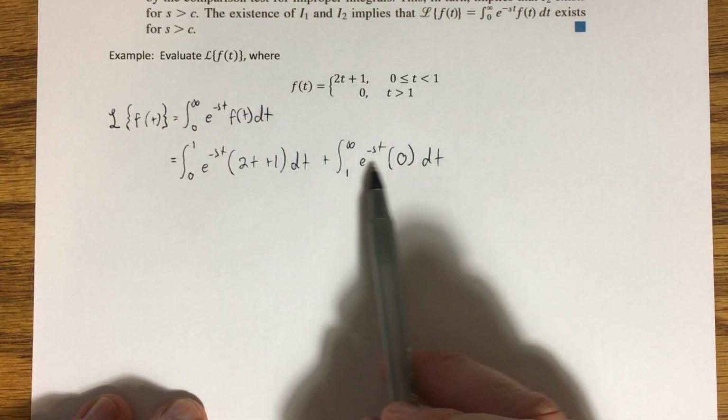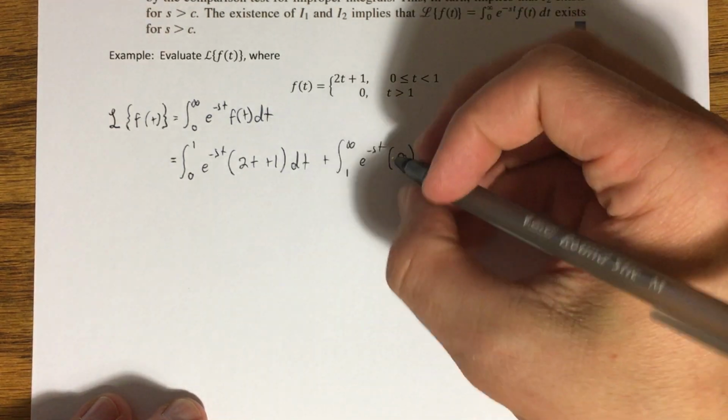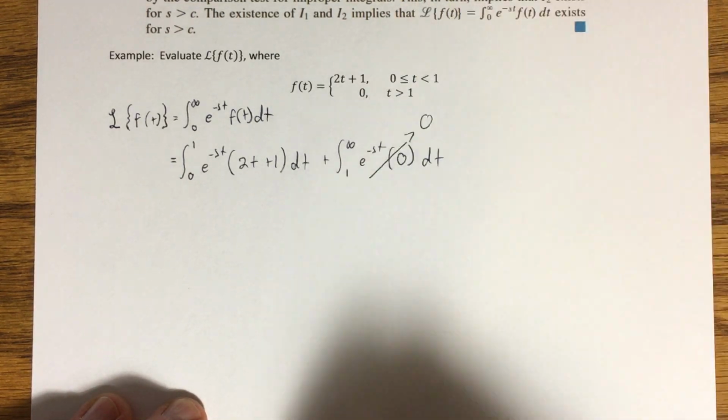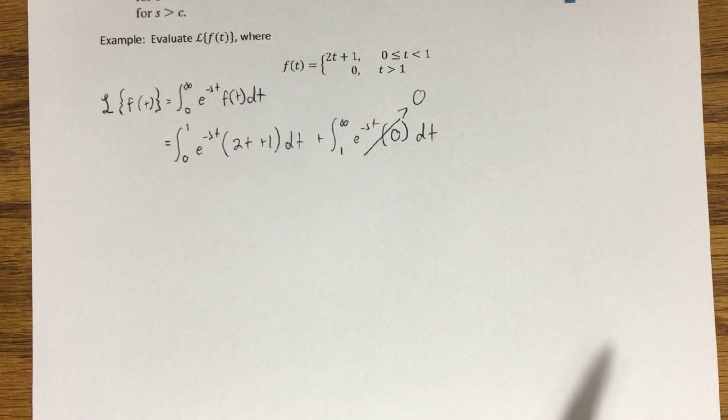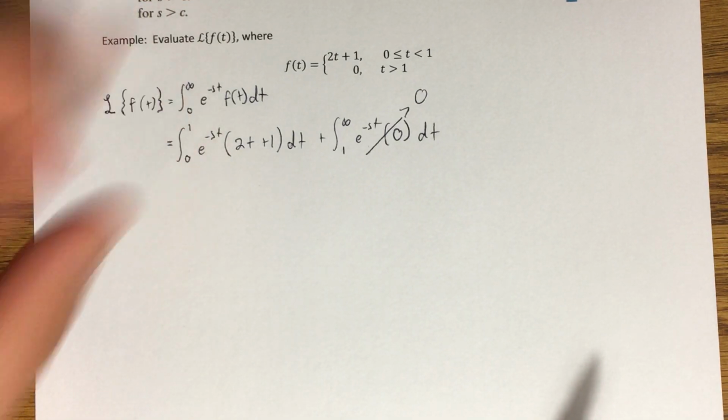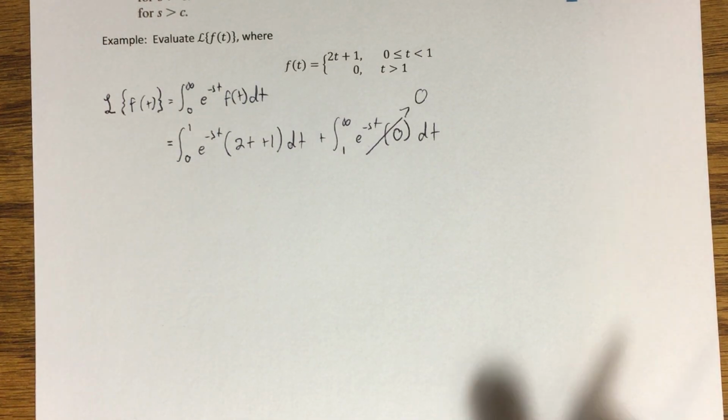Now this integral, the whole integrand is just going to go to 0, which means the integral itself goes to 0. And now I'm just looking at a definite integral with a finite interval that I'm integrating over. So this is very doable.